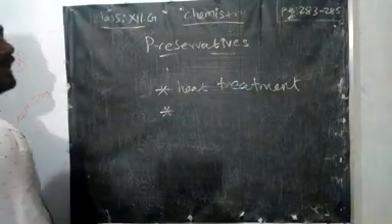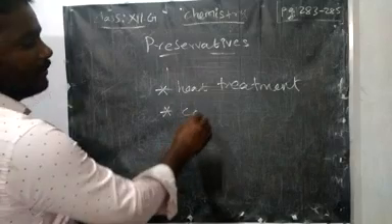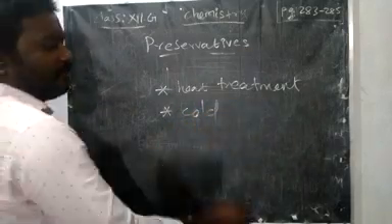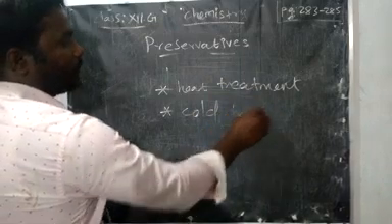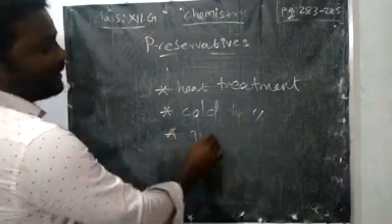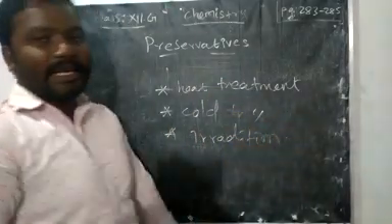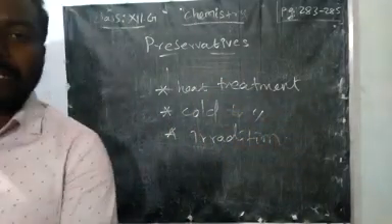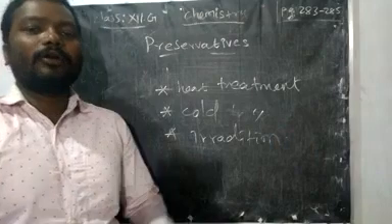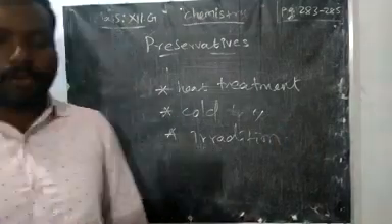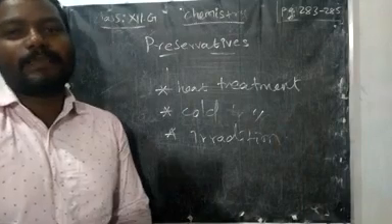Nowadays we use cold treatment; we can keep it in the refrigerator. And then irradiation: by radiation we can control the growth of microorganisms. These are the physical methods also used to prevent the spoilage of food.